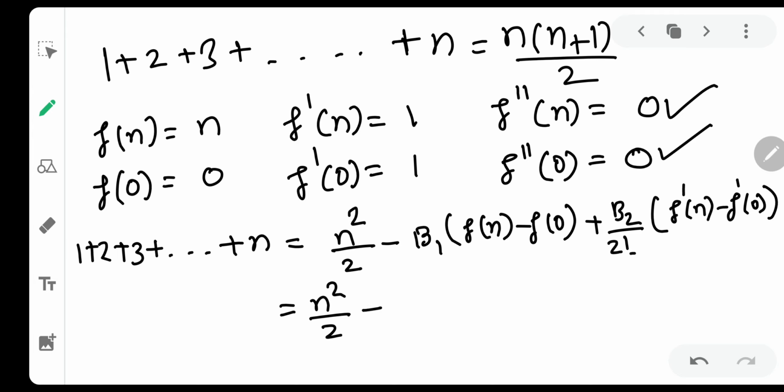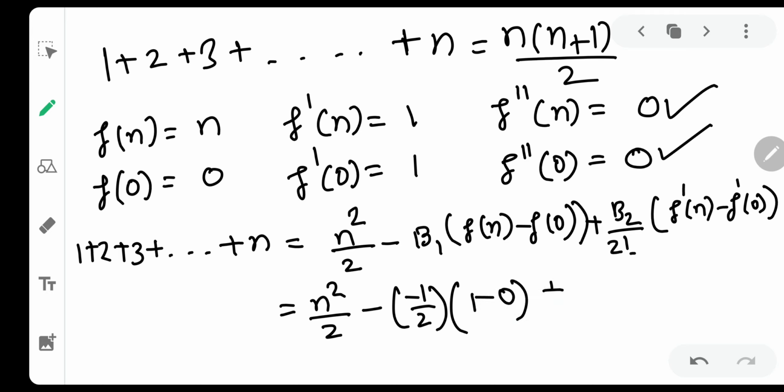Okay. Now see the pattern. B1 by 1 factorial is 1 and b2 by 2 factorial. Now can you guess the next term? Definitely you can guess that. Minus b3 by 3 factorial f double dash n minus f double dash 0. But let us not rush into it. As we proceed further, you will understand it. What is b1? b1 we have remembered, minus 1 by 2 and fn was 1 and f0 was 0.